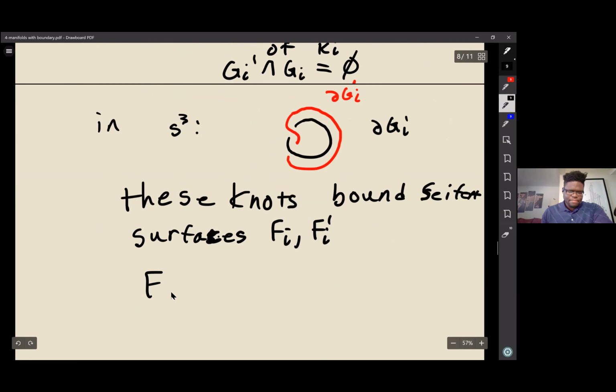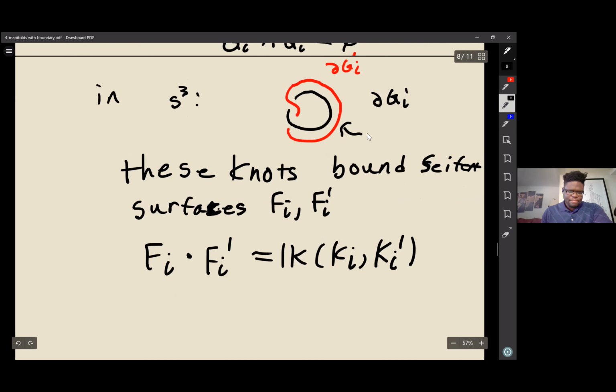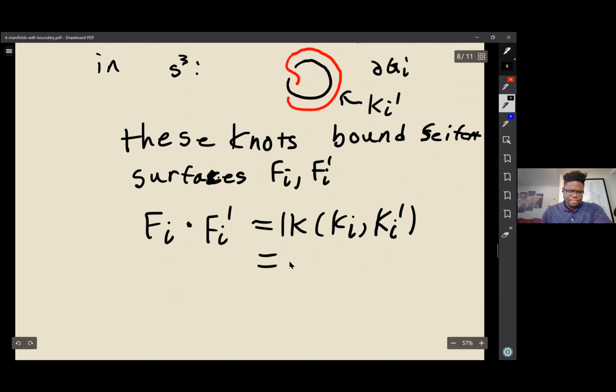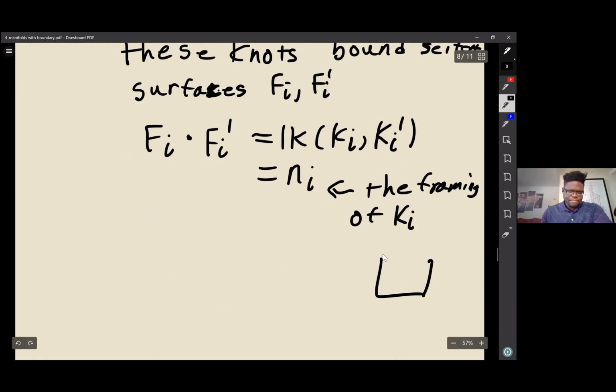And as we already computed, F_i dot F_i prime is just the linking number between K_i and K_i prime. I'm abusing notation here, but this we know is just given by the framing of K_i. And so the proof is complete.